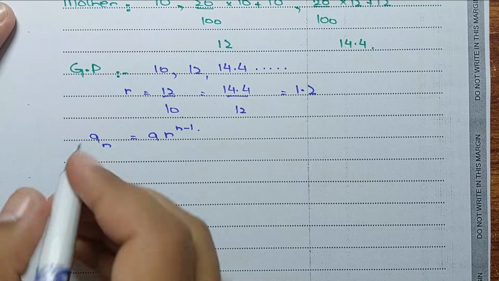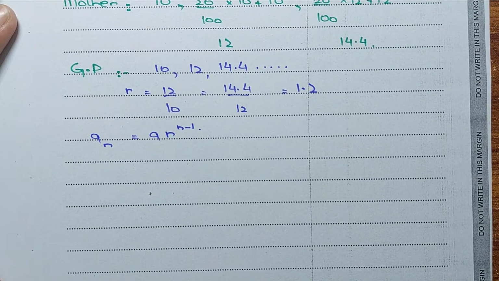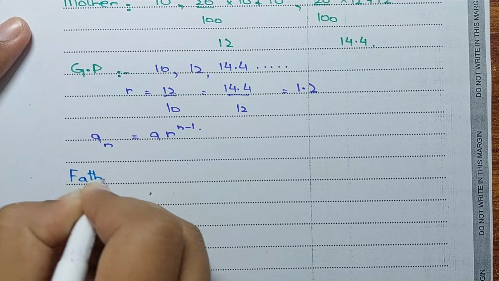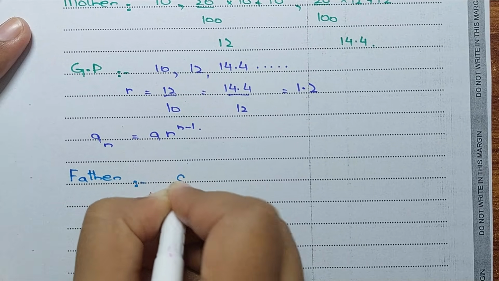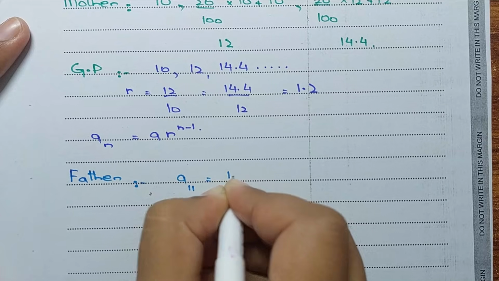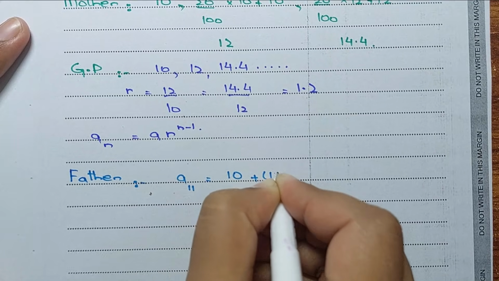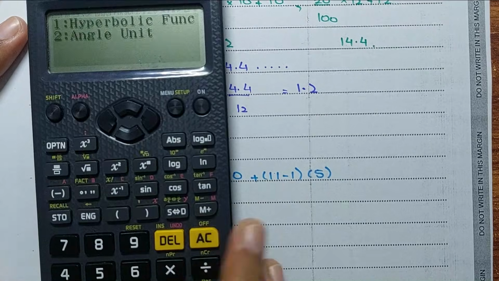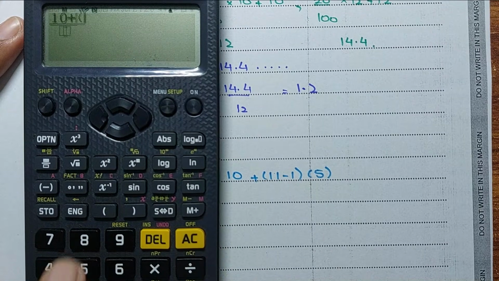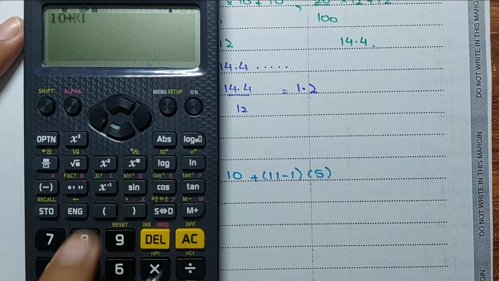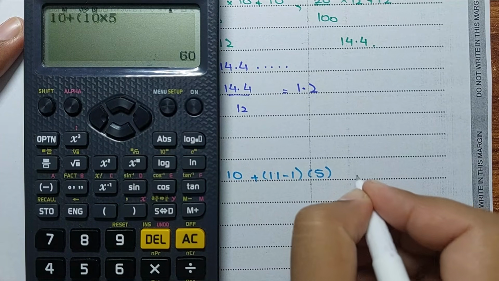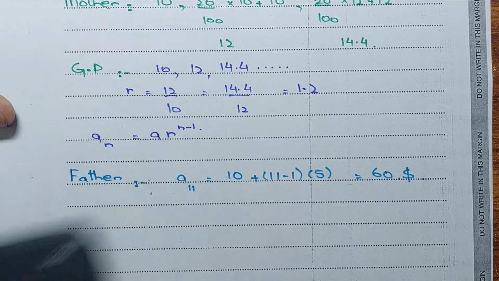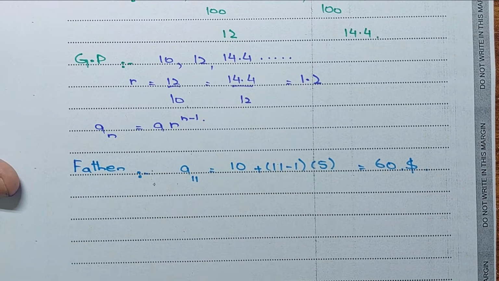So from the father, a is the first term, which is 10, plus 11 minus 1, d is the common difference, which is 5. 11 minus 1 is 10, so 10 plus 10 times 5, which is 60. So she receives $60 from her father on 11th birthday. And let's figure out from the mother side.